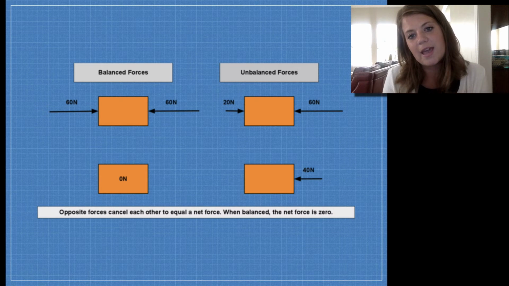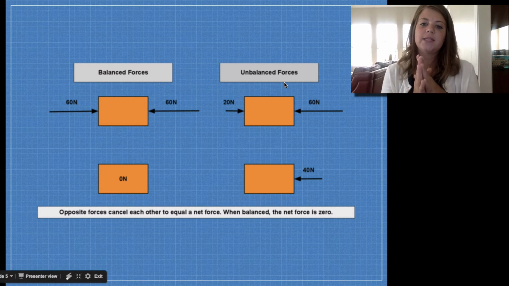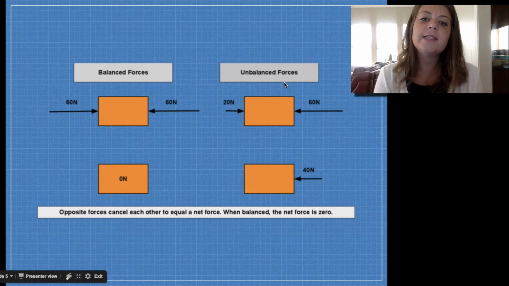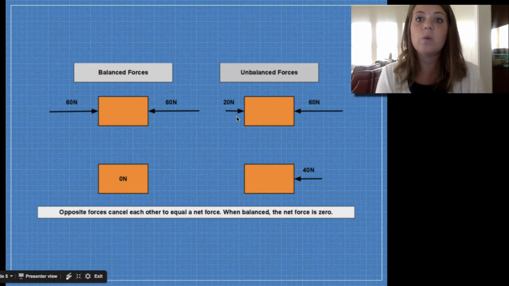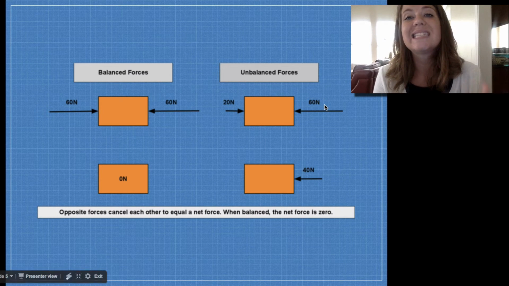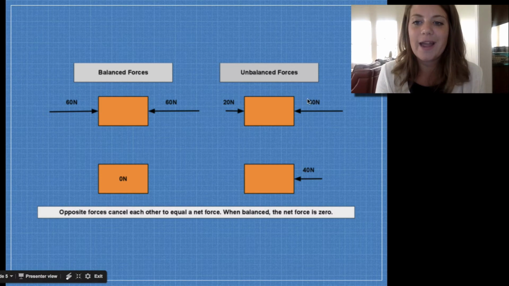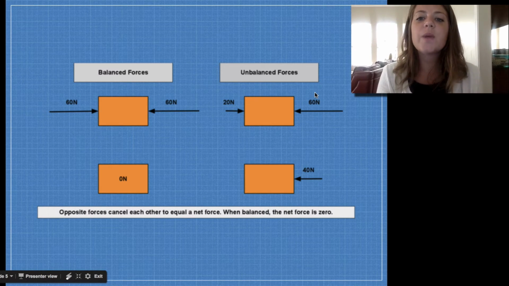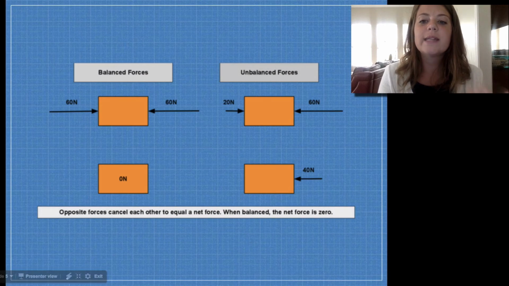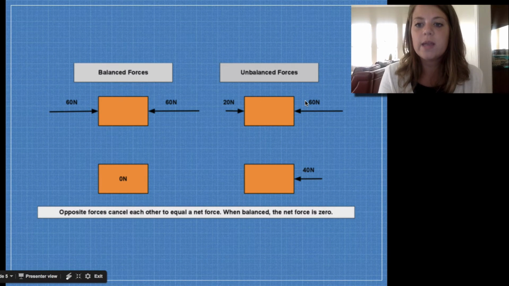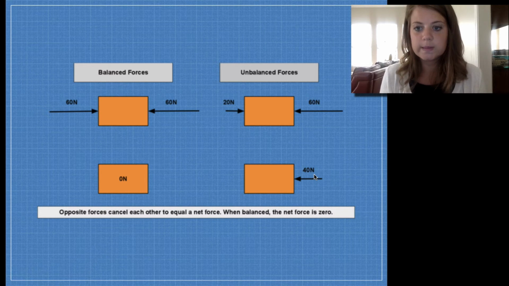On the other hand, we have got unbalanced forces. And in this example, we have somebody pushing with 20 newtons and then somebody pushing with 60 newtons. Who's going to win? This guy, right? So we cancel 20 with 20, leaving us a net force of 40 newtons, right?